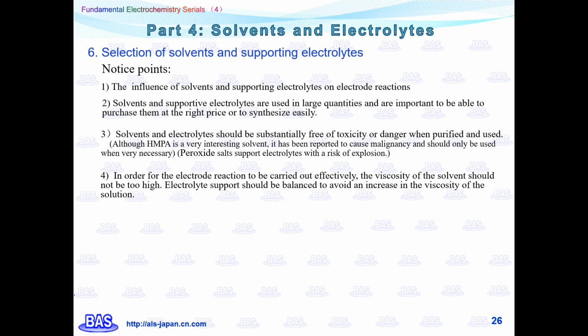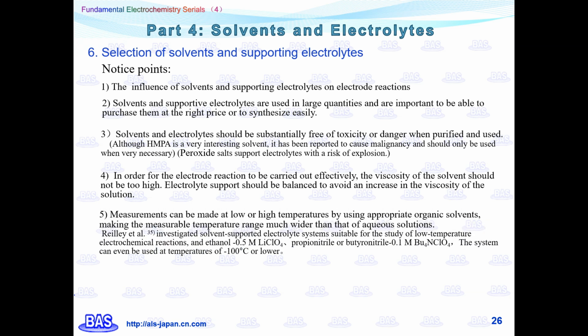By using an appropriate organic solvent, the measurement can be performed at a low or high temperature, so that the measurable temperature range is much wider than that of aqueous solution.